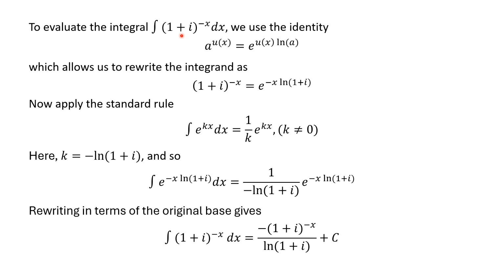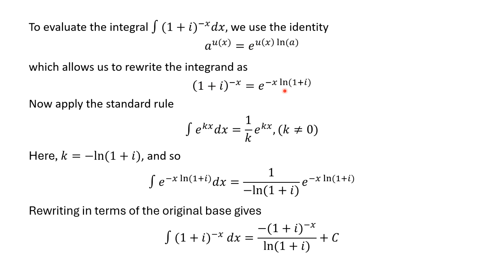So let's look at the calculus we need to solve the problem. We're going to find the antiderivative first of this function, (1 plus i) to the minus x. We have this identity, a to the u(x) equals e to the u(x) times log a. And then we can use that on this here, where u(x) is minus x and a is 1 plus i.